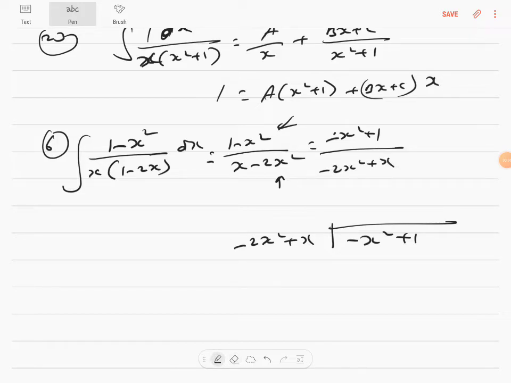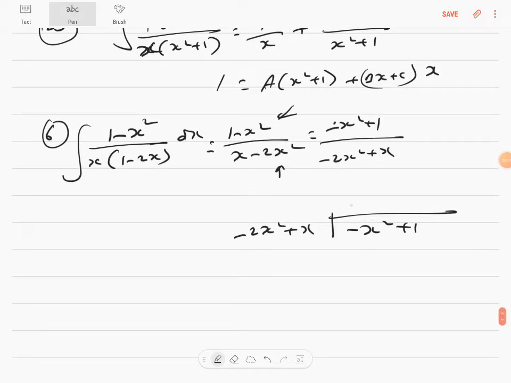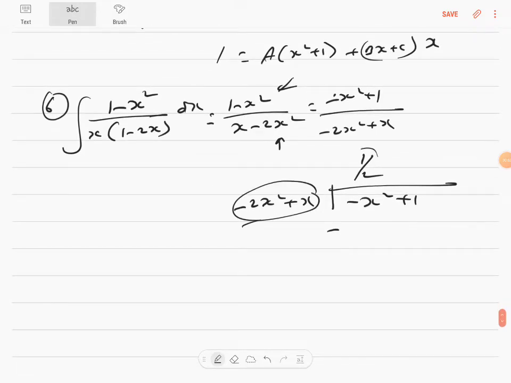When you do that, there will be a 1 by 2 here, because when you multiply minus 2x square plus x by 1 by 2, you get minus x square plus x by 2.